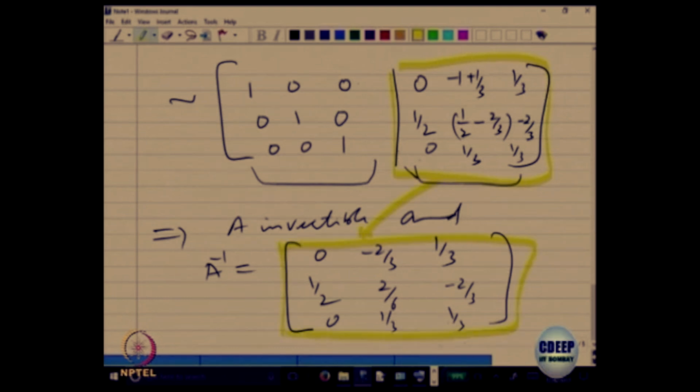Right? So this theorem which we proved, that A is invertible if and only if it is a product of elementary matrices, not only tells us how to check whether a matrix is invertible or not, at the same time it gives us an algorithm for finding the inverse also. It checks and finds both.